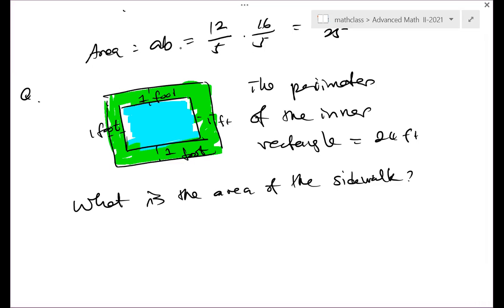To find the area of the sidewalk, there are a couple of ways to do it. Some students divide this sidewalk into rectangles and squares, then find the area of each of them and add them together. That's the very natural way to do it. But then you say, okay, I don't know the length and the width of the inner rectangle.